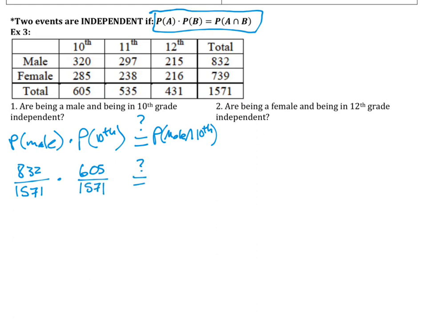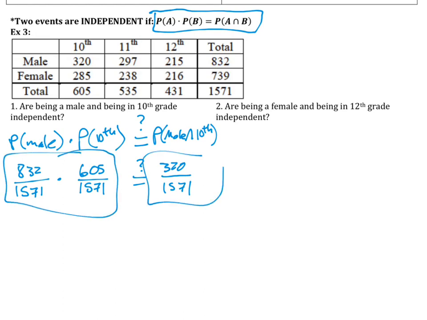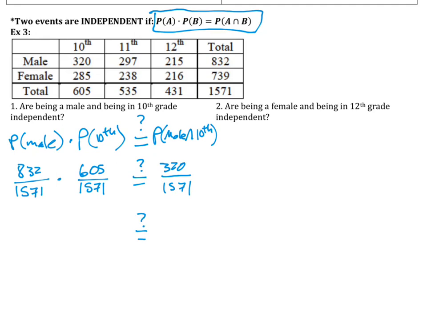And we need to figure out if that's the same as the probability of being male and in 10th grade out of the total there. So that's 320 out of 1,571. This is where calculators come in very handy. Go ahead and compute this and compute this. Just turn them both into decimals and figure out if they are the same or not. So go ahead and pause the video and calculate those.